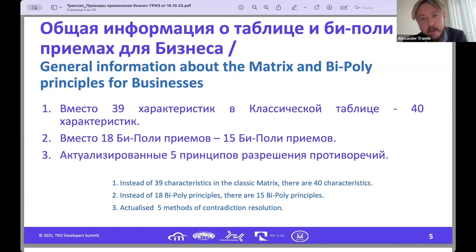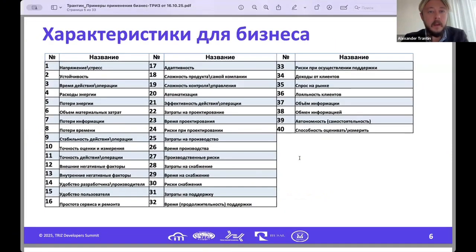Again, those classic matrices are more technical, while we wanted to create something really adapted, tailored to business.